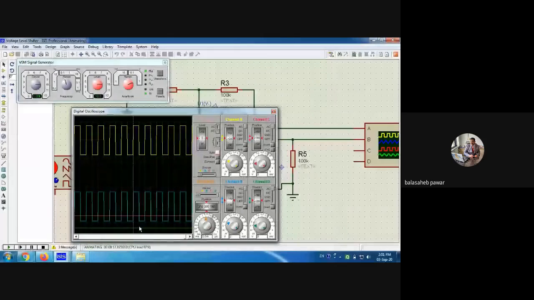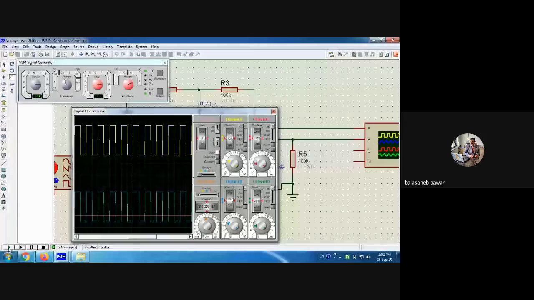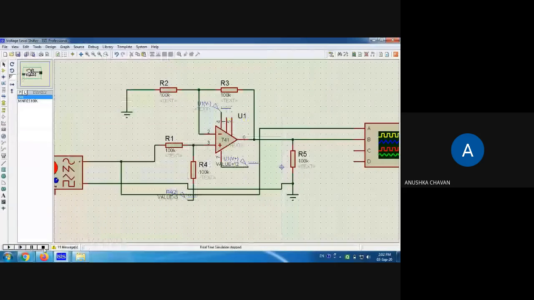Some negative part still remains, and it is of 2 volt, because the reference voltage added at the input is less than the applied peak signal. The applied peak signal is 5 volt and the added reference voltage is only 3 volt. That's why the signal remains somewhat below the x-axis. Are you getting it? Yes or no? Yes, sir. Okay.